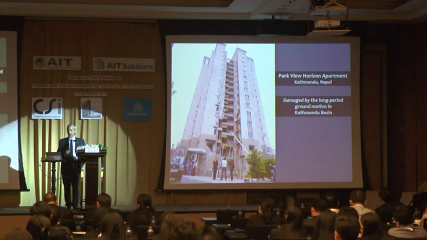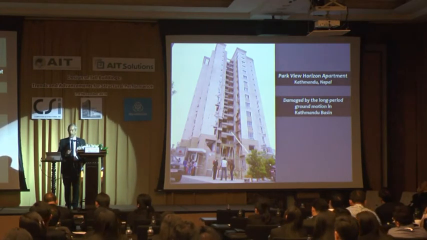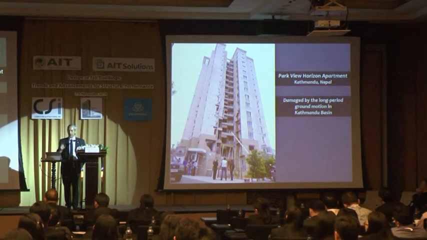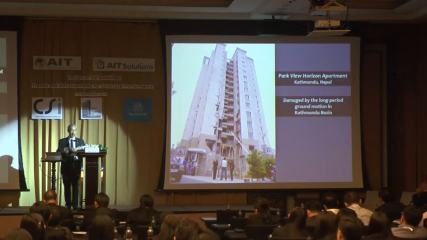This is a case in Nepal. This is a tall building, probably the tallest in Kathmandu, 16 stories, shaken by long period ground motion. This is the type of ground motion we expect to happen in Bangkok.